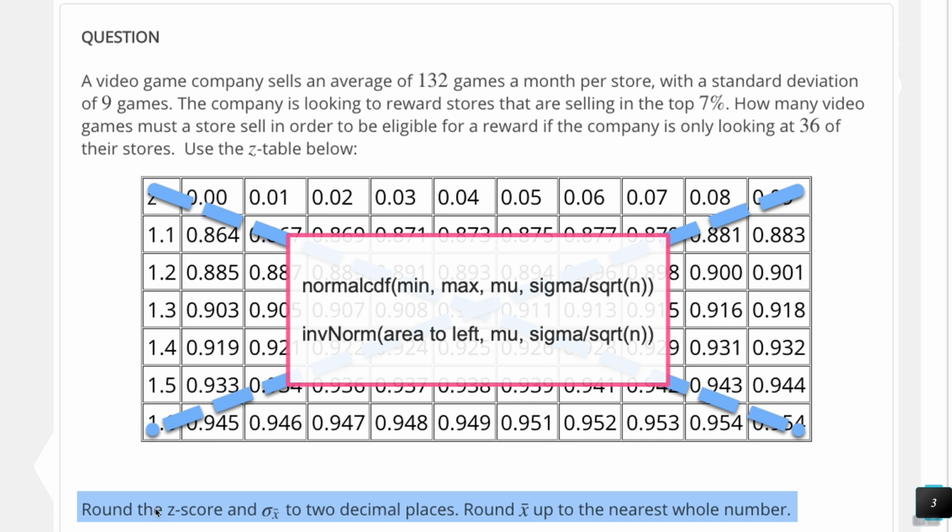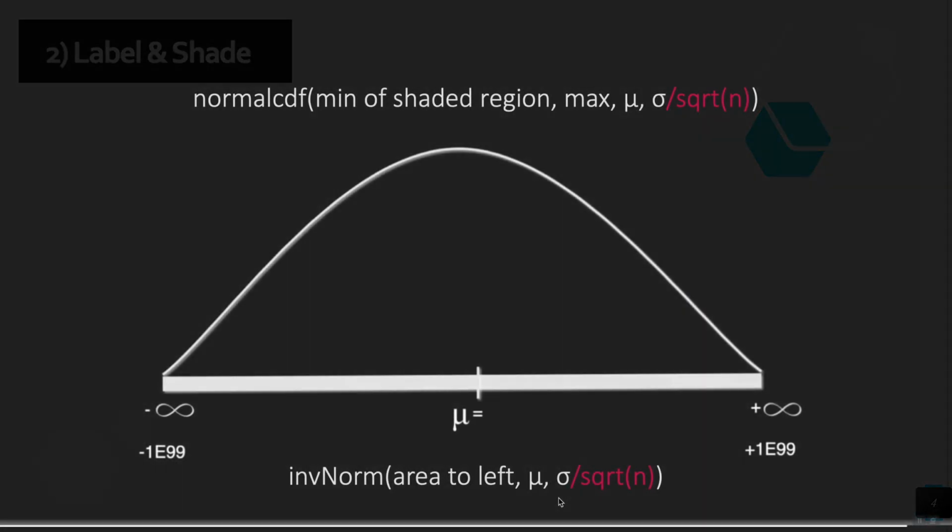And we want to find the z-score, the sigma x bar, which will be easy, and x bar. And I think I'm going with finding x bar first.